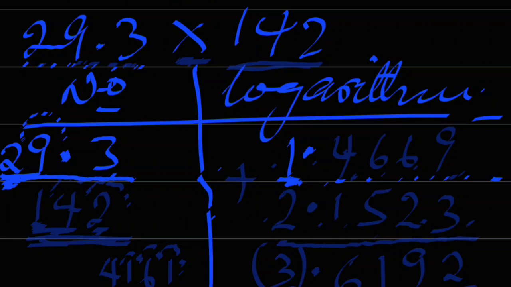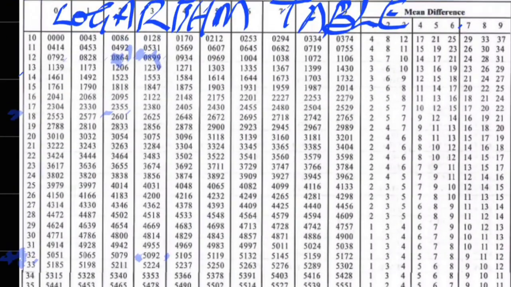This is our logarithm table here. You can see it starts with 10. So you have to look for 29. Where is 29? This is 29 here. We will check 29 under 3.